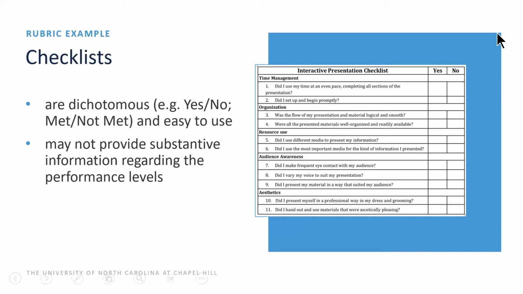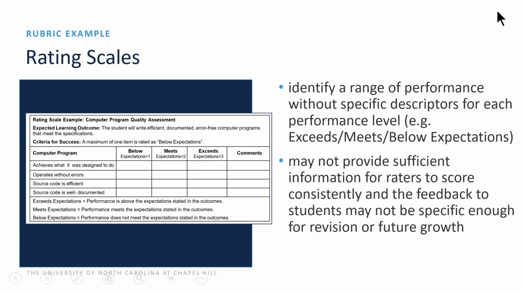Another type of rubric is what's known as a rating scales rubric, where you can identify a range of performance without providing specific descriptors for what performance in that level means. So in this example, you have below expectations, meets expectations, and exceeds expectations, with general descriptors of what those mean, but without specific information about what that performance looks like for the given criteria.